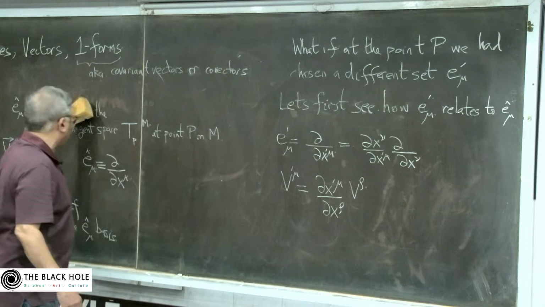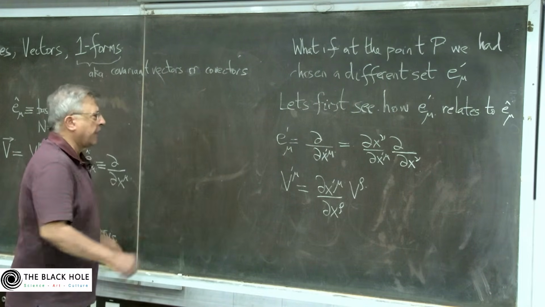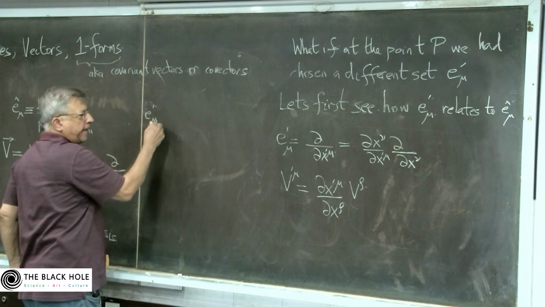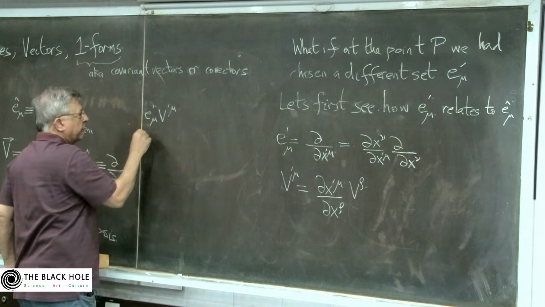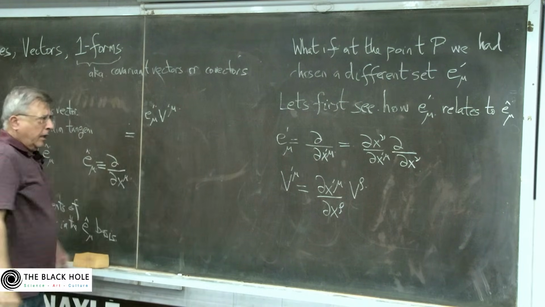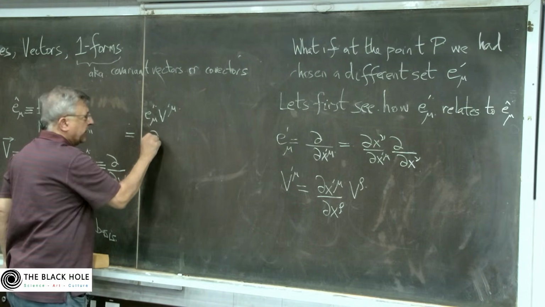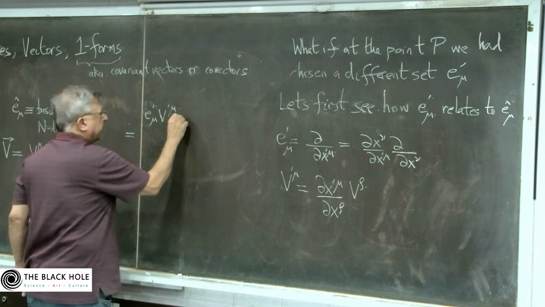Now I'm going to take this thing, E mu prime, V prime mu, and I'll plug this in over here. So let me write this this way.